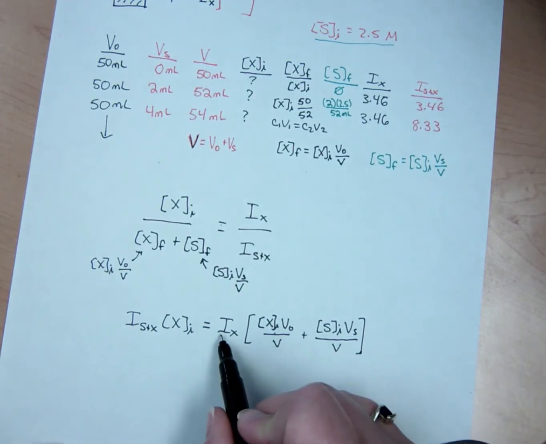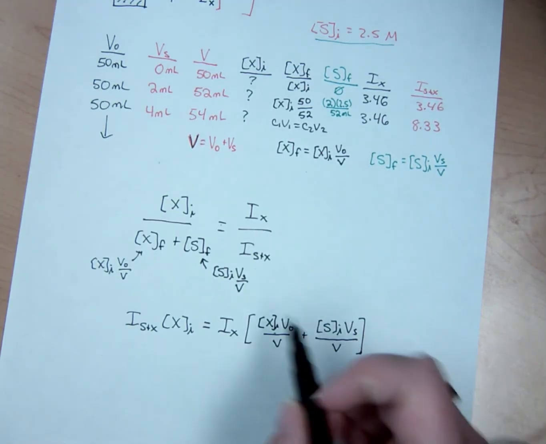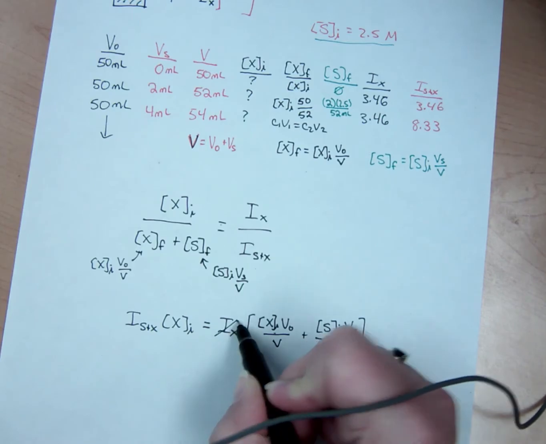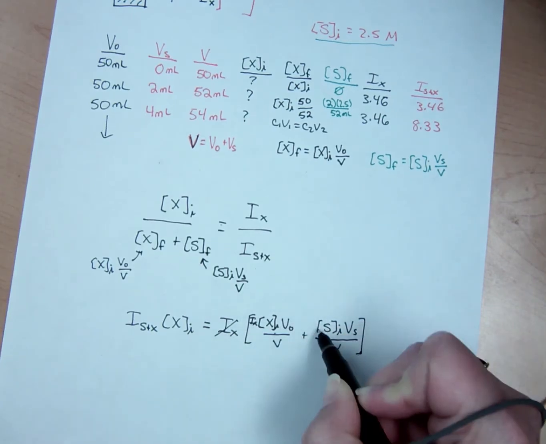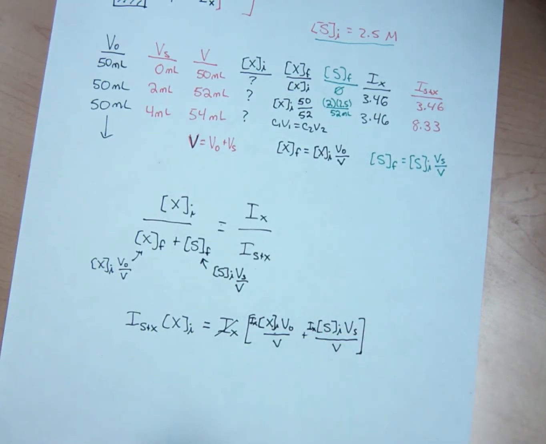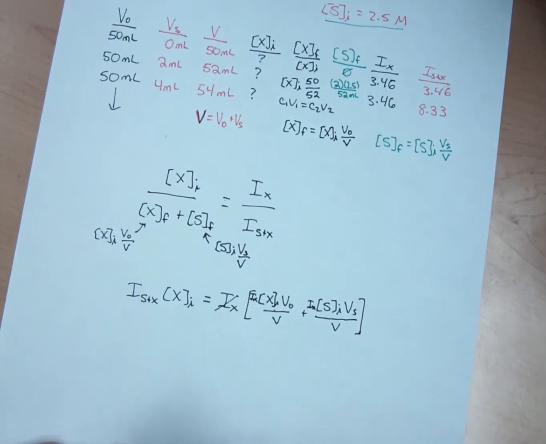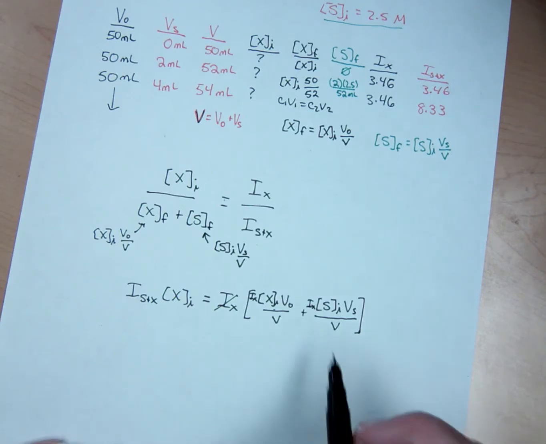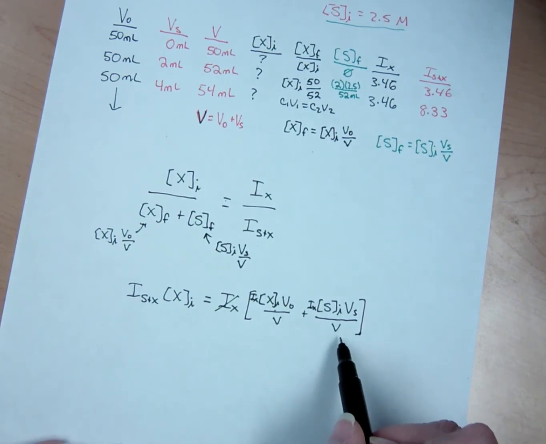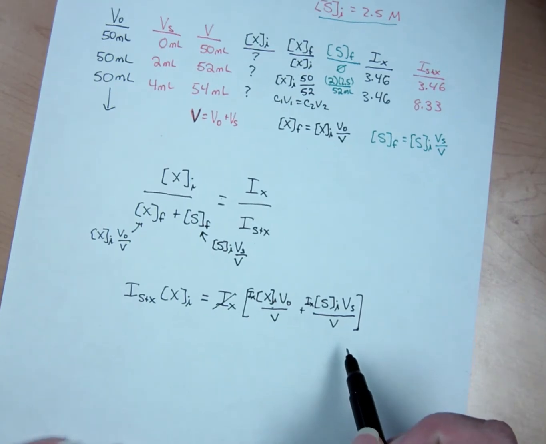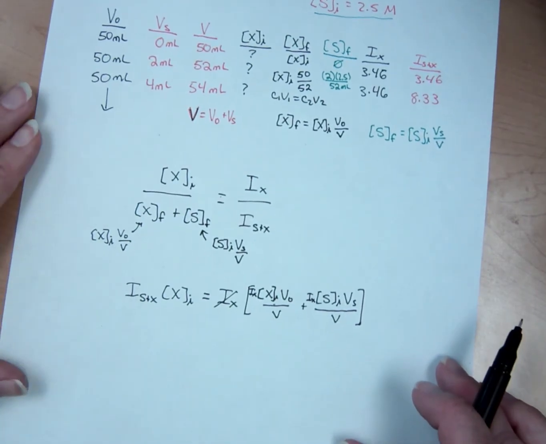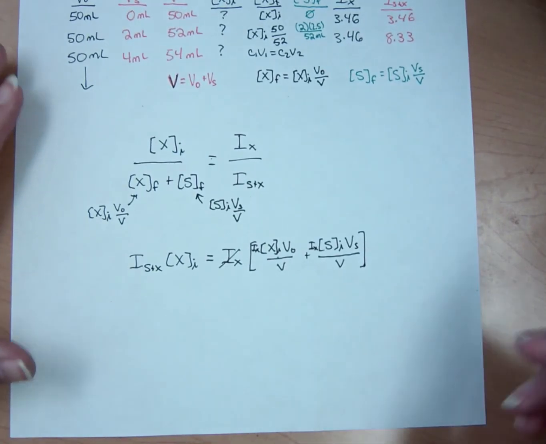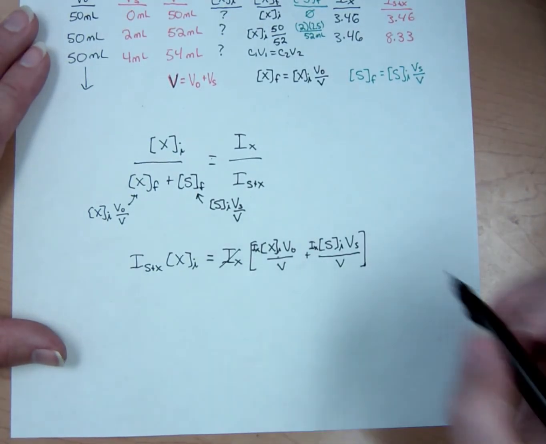I can distribute I_X to both pieces, so put it both here and here. I'm just distributing it through. Now I see I have two fractions here that have volume on the bottom. Working with fractions is perhaps not as ideal right now, so I'm going to multiply through by total volume.